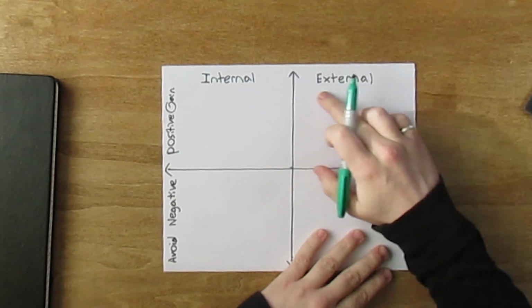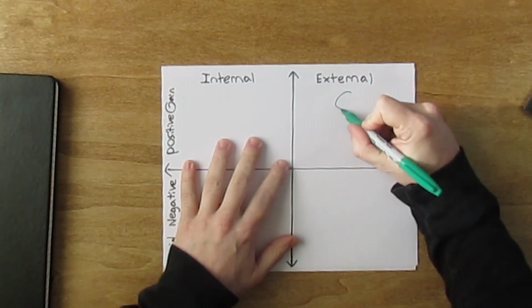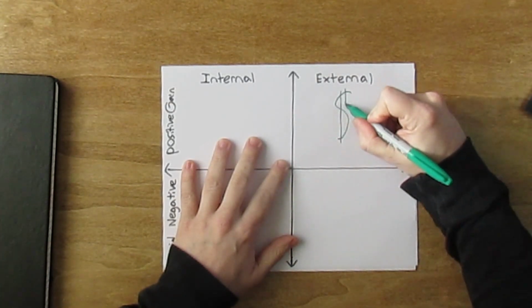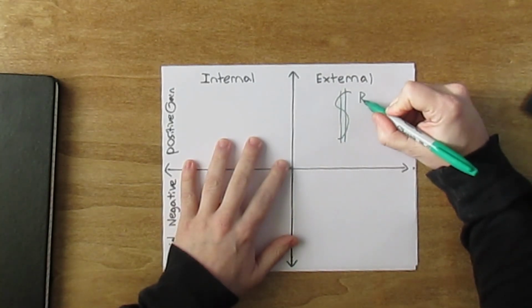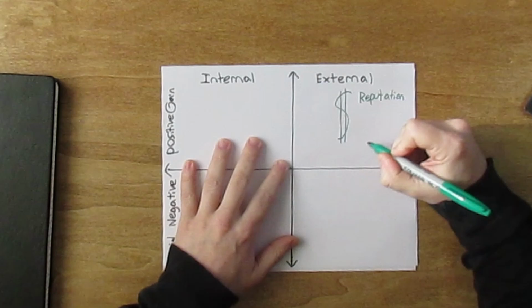Let's start with the top right quadrant, which is an external motivation for a positive gain. This motivation involves anything that can be externally acquired for the character. So it's things like wealth, property, reputation, fame, anything that the character stands to gain that is external to them, that somebody else has to bestow upon them.